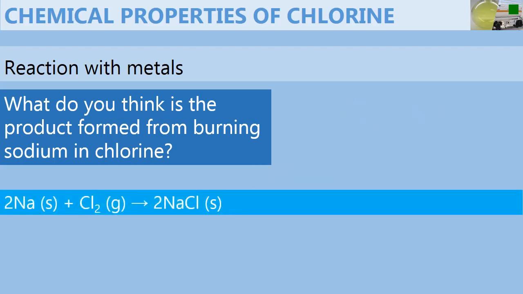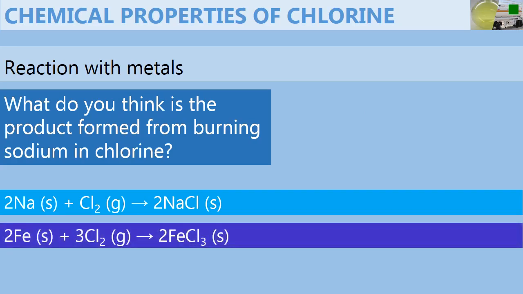Other metals that can be used include iron, which forms iron 3 chloride. Iron 3 chloride is formed because chlorine is a strong oxidizing agent, and therefore iron 2 chloride cannot be formed, because any iron 2 chloride formed is quickly oxidized to iron 3 chloride.